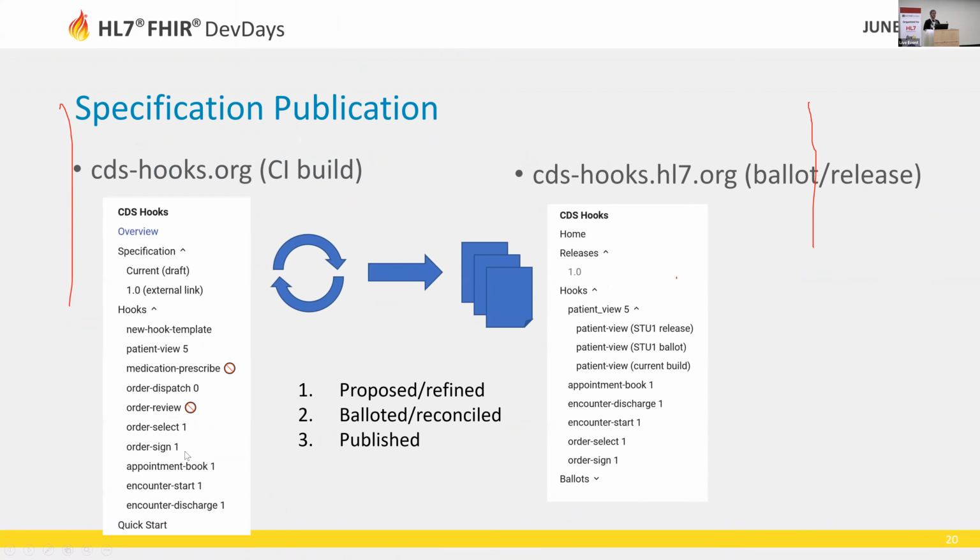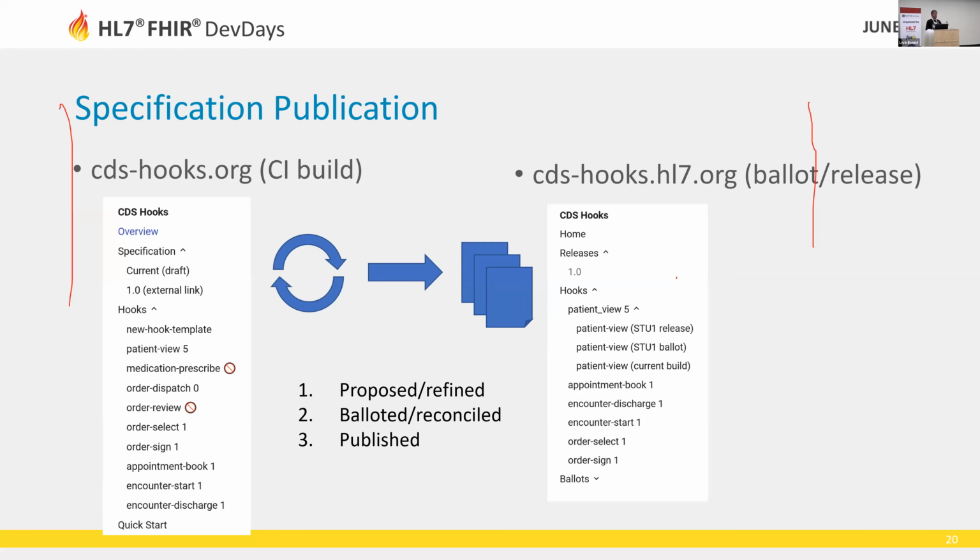So the way that whole process works, this is the same for the standard itself. So there's a specification publication. The CI build is on cdshooks.org. So if you look at the tree on the left-hand side, that's the left-hand view in the cdshooks.org. The specification itself in current draft is published there.